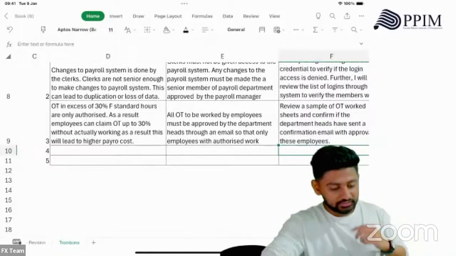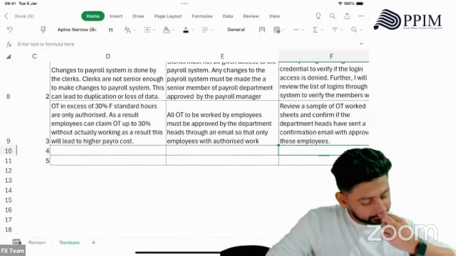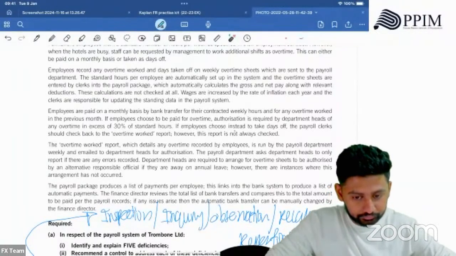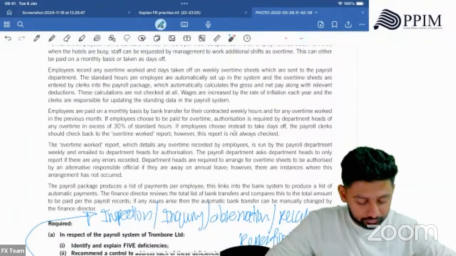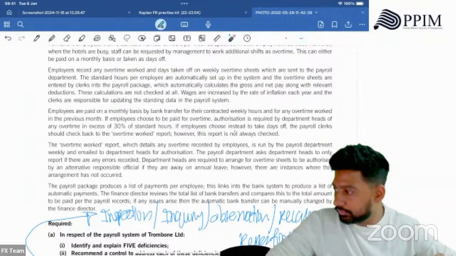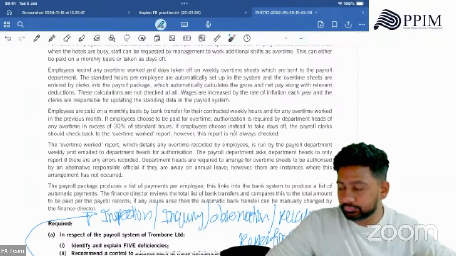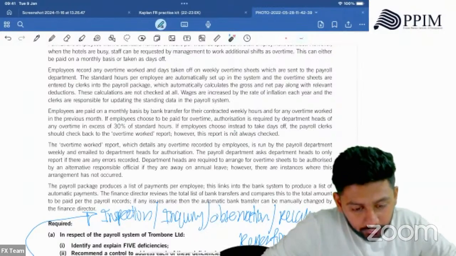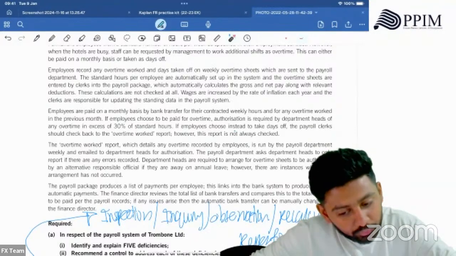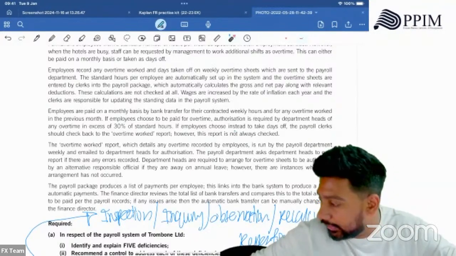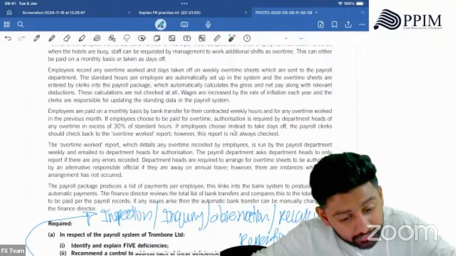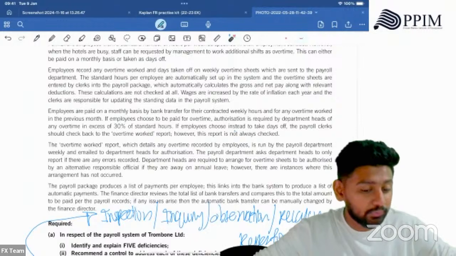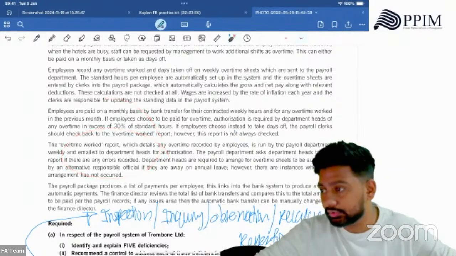Number 4 here. What is number 4? The overtime work report, which details any overtime recorded by the employees, is run by the payroll department weekly and emailed to department heads for authorization. The payroll department asks the department heads to only report if there are any errors recorded.